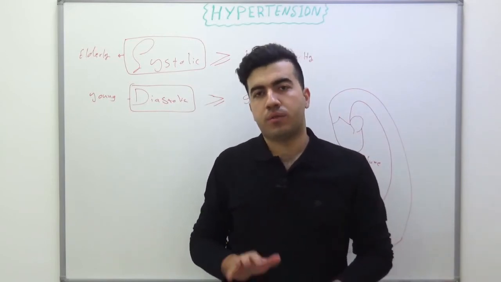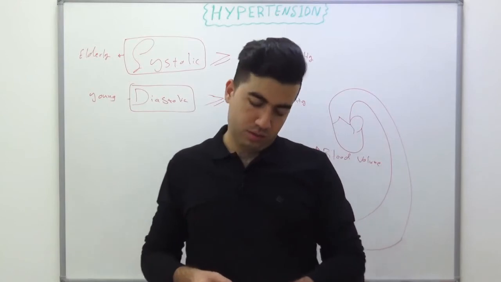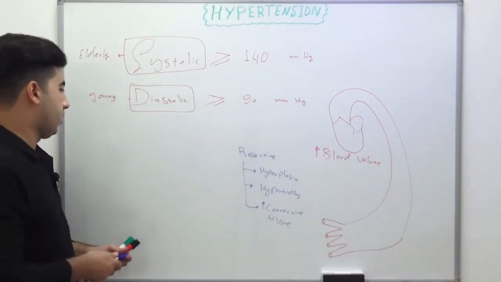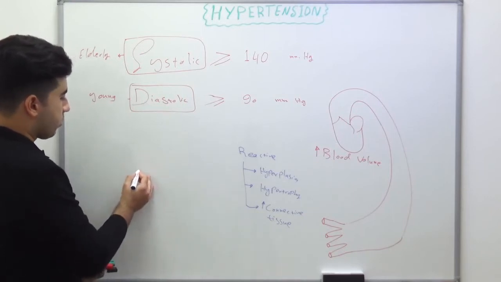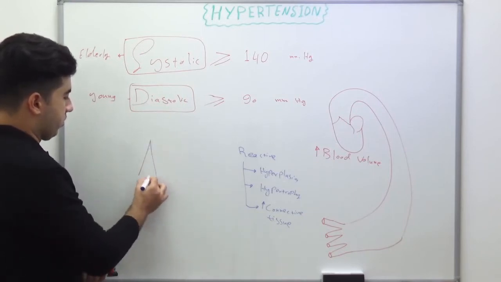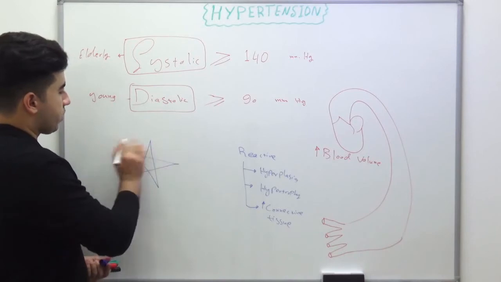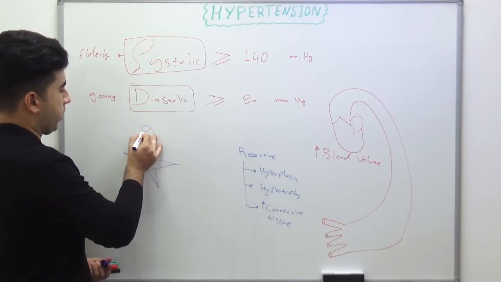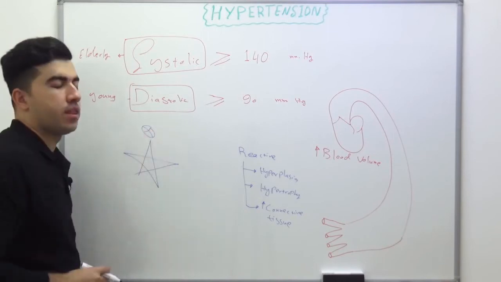We have 5 complications of hypertension. What are the 5 complications of hypertension? First of all, we have cardiac complications, the heart complications.